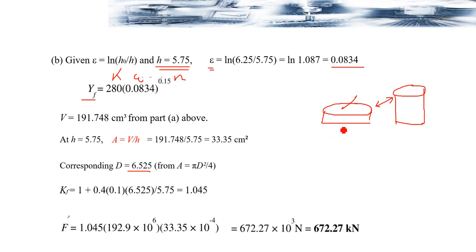The diameter definitely is going to be increasing. We find the new diameter, we use the equation to find the Kf. Now we know the Kf multiplied by the Yf multiplied by the area will give me the force. So these are steps 1, 2, 3, 4. That's it.